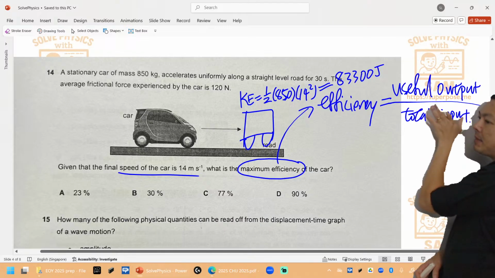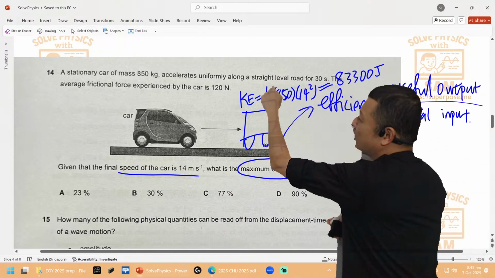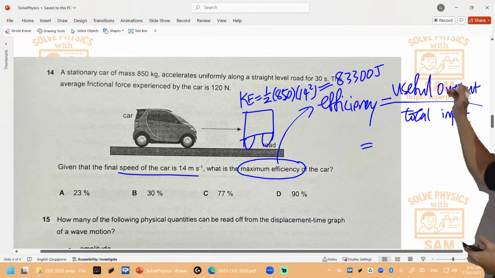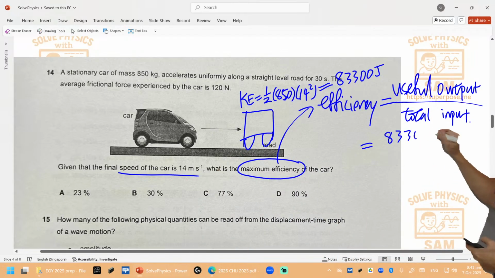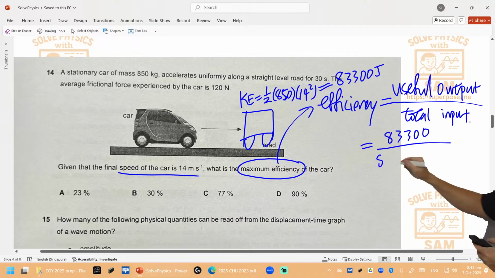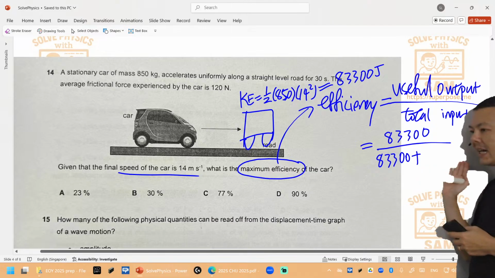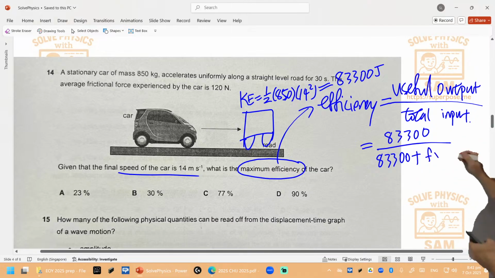But also at the same time, the bottom includes the energy used to overcome frictional force. Okay? So you will have 83300 over 83300 plus work done against friction, which is friction times distance.